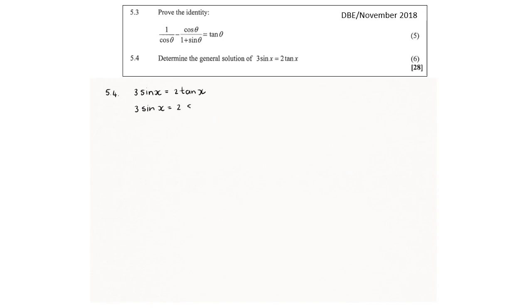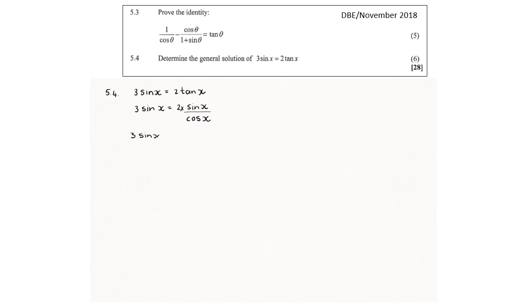So what we do first is we use the quotient identity, and we can then say that tan x on the right hand side is equal to sine x over cos x. And then we get rid of the denominator cos x by multiplying both sides of this equation by cos x.